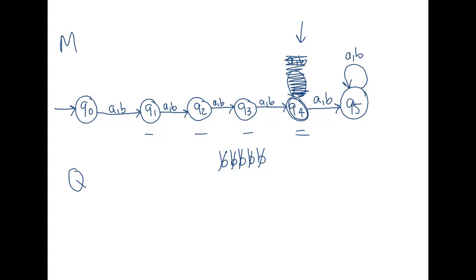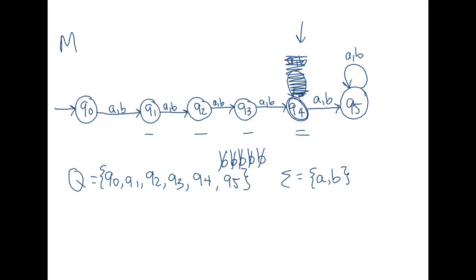So Q is the set of states, okay, and that's going to be the set Q0, Q1, Q2, Q3, Q4, and Q5. So that's my set of states Q. We already said that sigma, our input alphabet, is the symbols A and B. I'm going to skip delta for a minute.